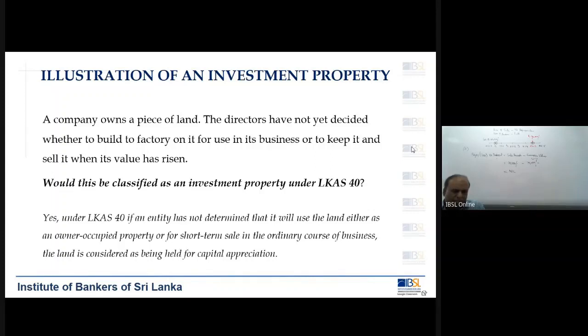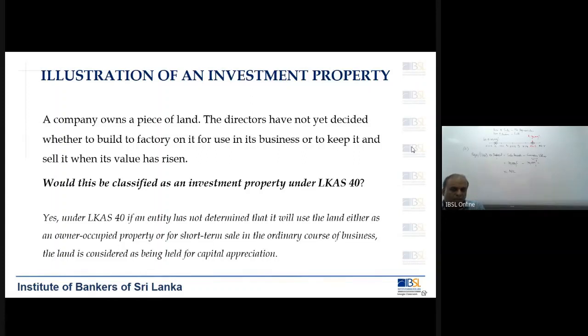What I have given here is a theoretical definition-based answer, but you can simply say, based on the information given, the company's directors have not yet decided to put up a factory for business purposes, which means they are not going to use this land for business purposes. That is fine.